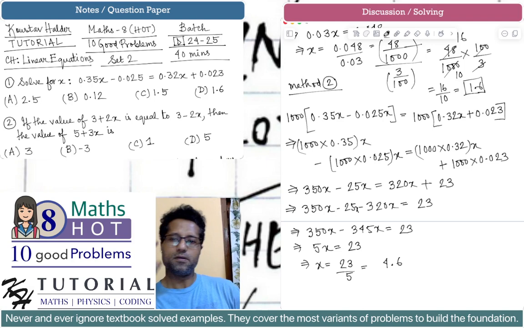1000 multiplied by 0.35 is 350x, minus 1000 multiplied by 0.025x, which is 25x, is equal to 1000 multiplied by 0.32x, which is 320x, plus 1000 multiplied by 0.023, which is 23.